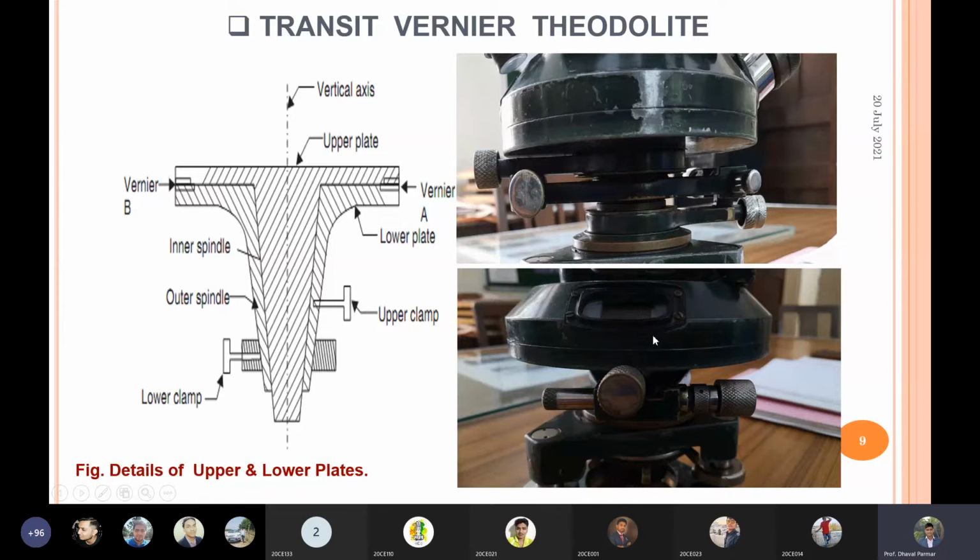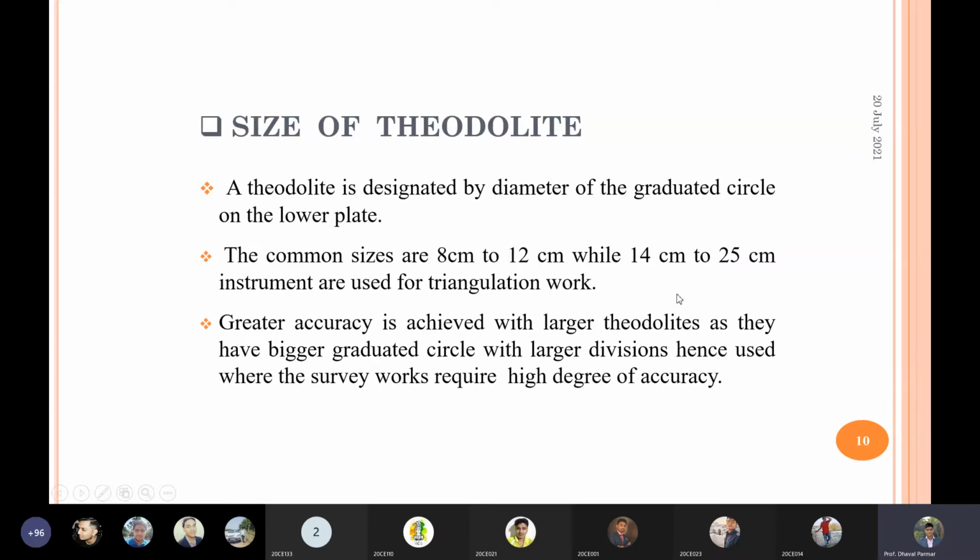Generally it will be between 8 centimeter to 12 centimeter. But if you want to do survey work or triangulation work, then the diameter of that graduated ring is up to 25 centimeter. And if you want higher accuracy, you need to increase your graduated circle diameter.